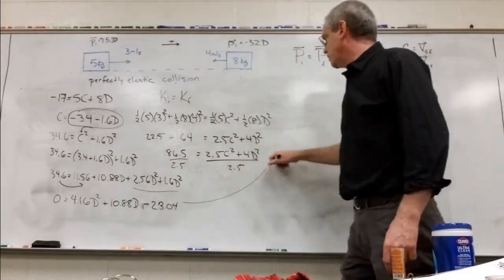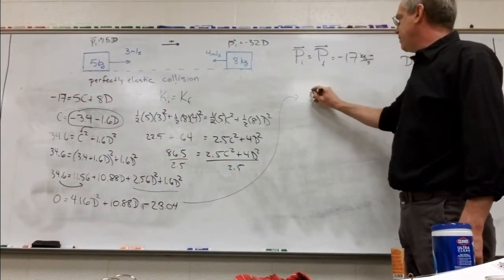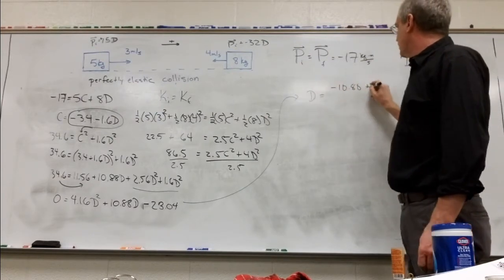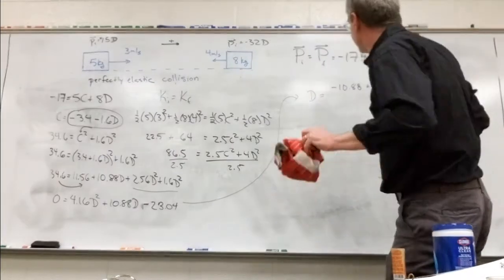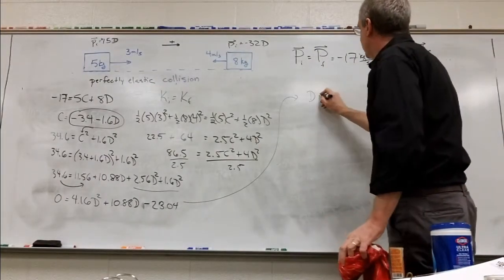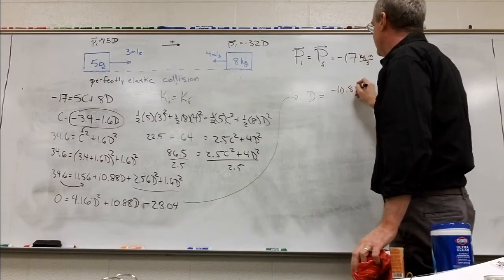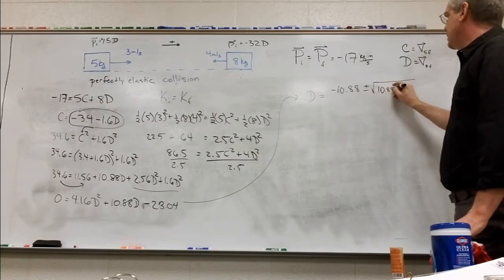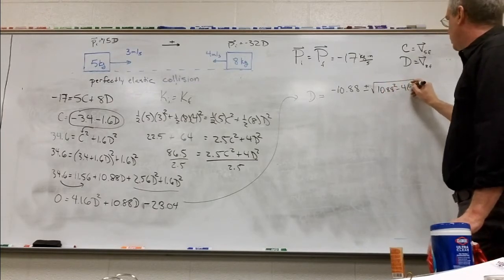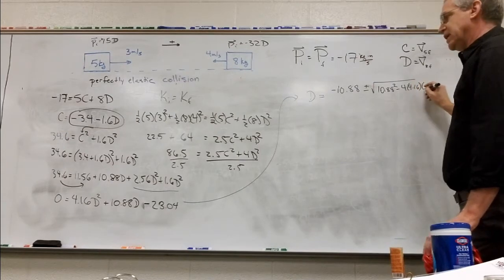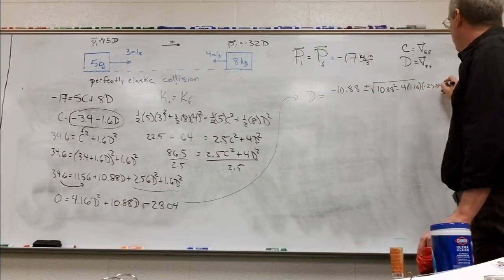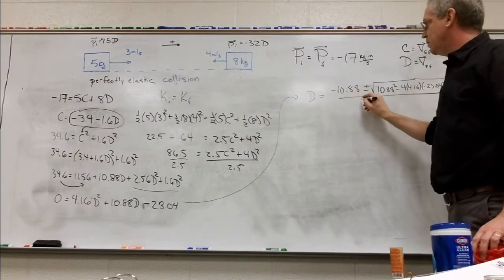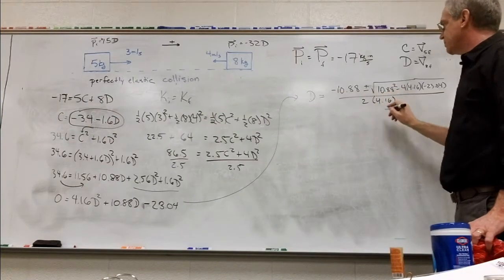So if we now use the quadratic formula, I have D is equal to negative 10.88 plus or minus the square root of 10.88 squared minus 4 times 4.16 times negative 23.04, over 2 times 4.16.